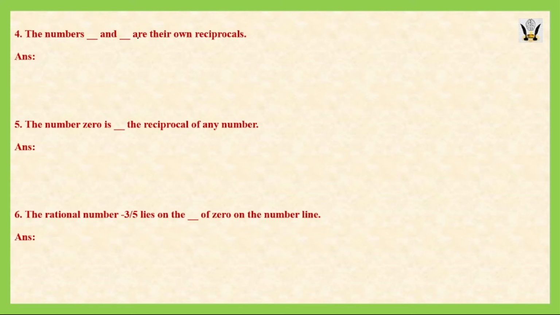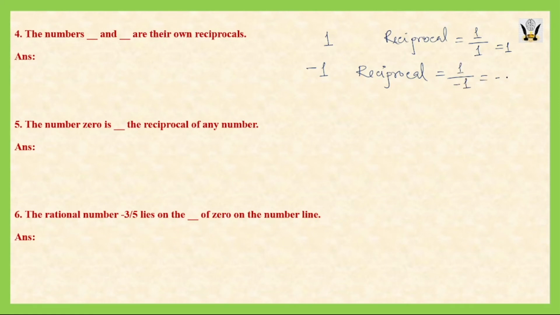Now the next question is about the numbers. This dash and dash are their own reciprocals. This also we have already learned. If the number is 1, then the reciprocal of 1 is 1 divided by 1, that means 1 only. And if we choose another rational number, minus 1, the reciprocal of minus 1 is 1 divided by minus 1, which is minus 1 only.